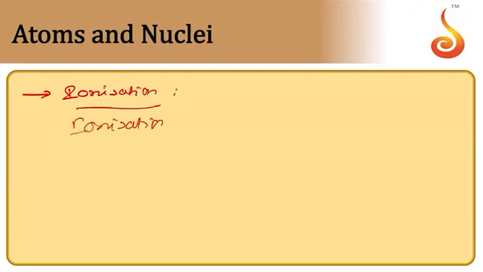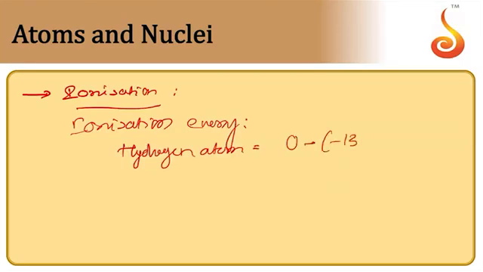Ionization energy. Ionization energy is the energy required to remove an electron from an atom. The ionization energy required to ionize a hydrogen atom is equal to 0 minus (minus 13.6) electron volts, or 13.6 electron volts.